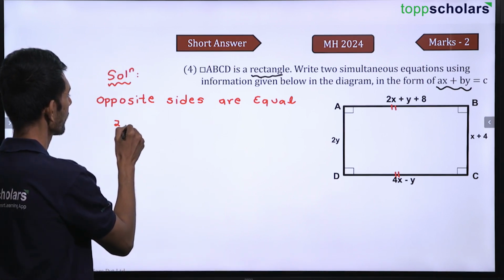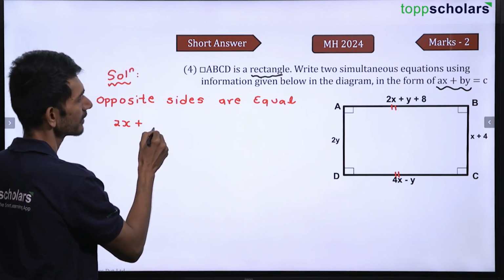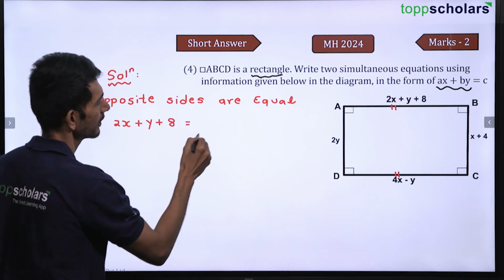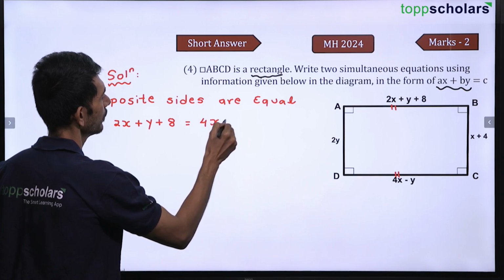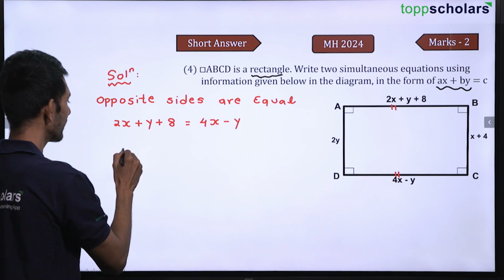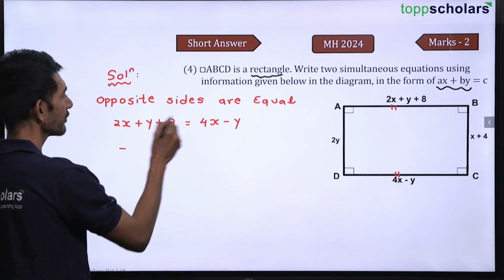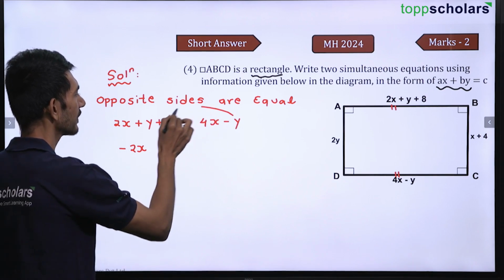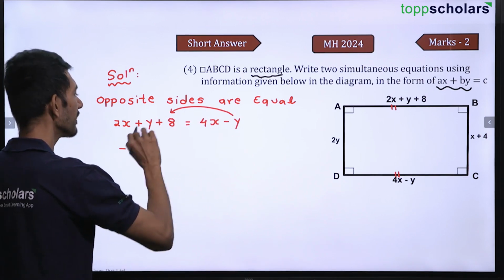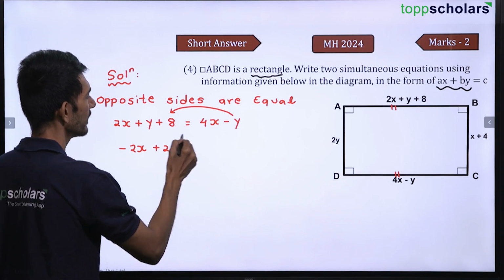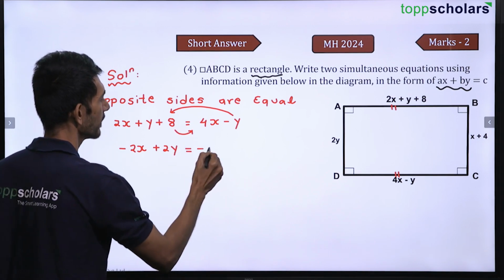That is 2x plus y plus 8 is equal to 4x minus y. So if I transfer 4x to the left hand side, can I say 2x minus 4x, this is minus 2x. If I transfer minus y here, y plus y, this is plus 2y is equal to, if I take 8 there, that becomes minus 8.